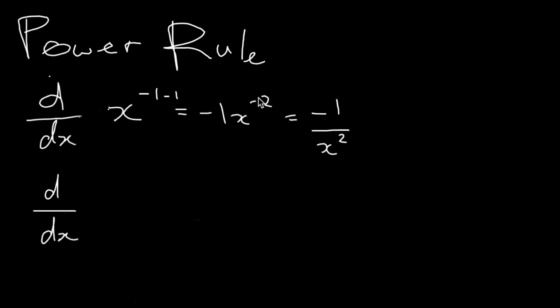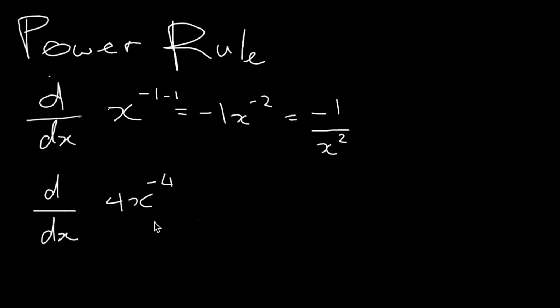Just remember, if we have a negative power, then the x raised by the number will be converted into this. Okay, so let's have another one: 4x to the power of -4.